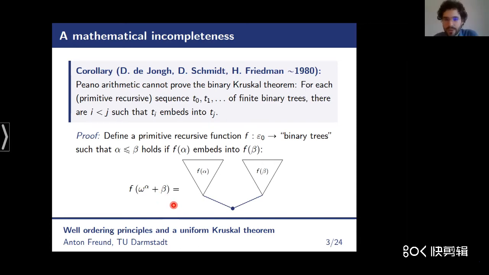And recursively, you can already assume that you know what this function that you want to define does on alpha. So it assigns some tree f of alpha to alpha, and you can also assume that you know what it does on beta.